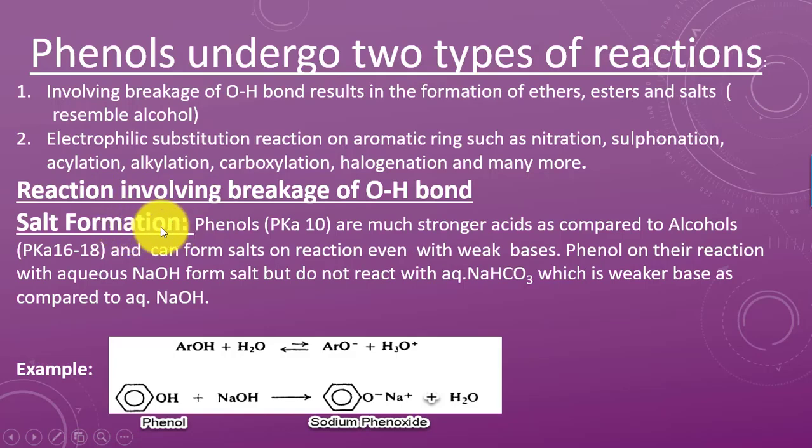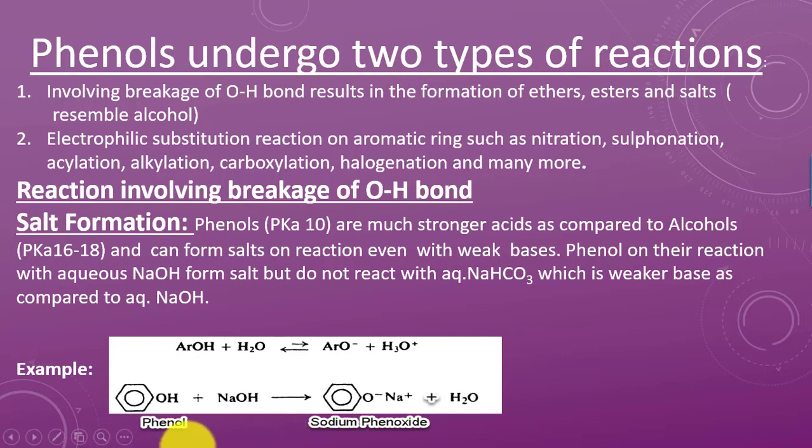The first one is the reaction involving the breakage of the OH bond, and in that case we are going to consider salt formation. Salt formation is related to the acidity of phenol. We say that phenols, having pKa value around 10, are much stronger acids as compared to alcohols, and they can easily form salts with weak bases.